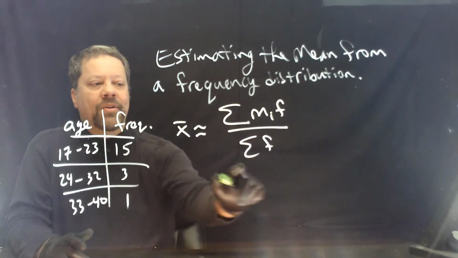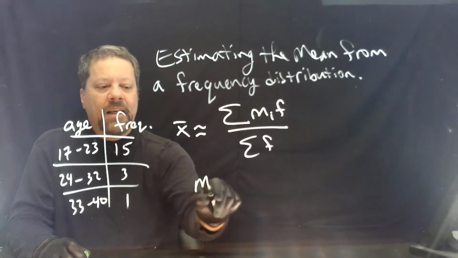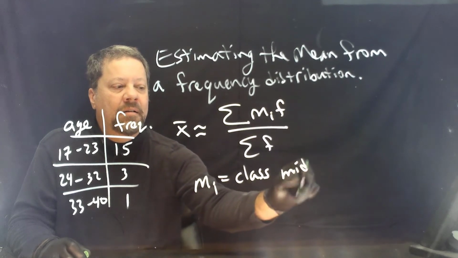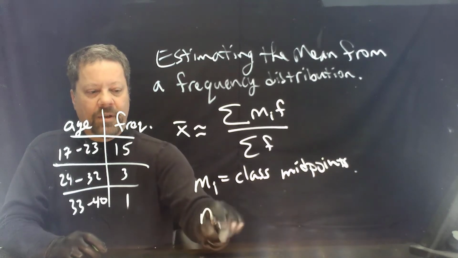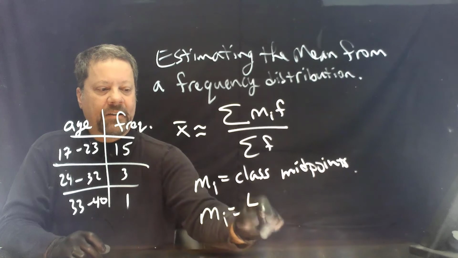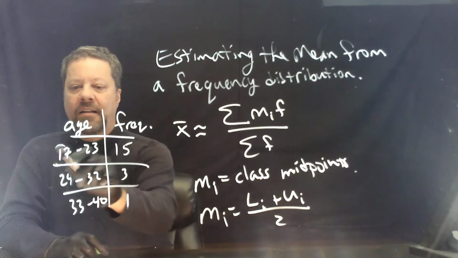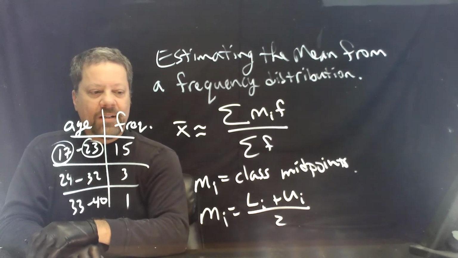You divide by the total number of data points. The m sub i's are the class midpoints. You'll recall that the class midpoints are calculated by taking the mean of the lower and the upper boundaries for each of your categories.